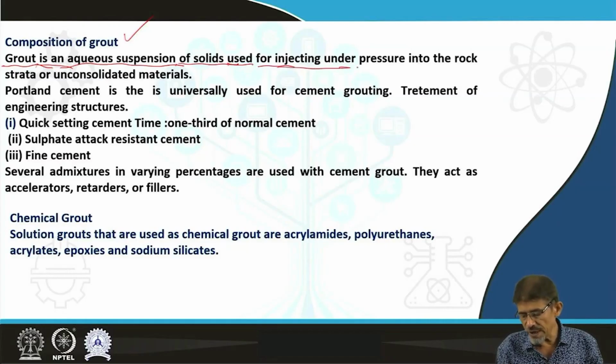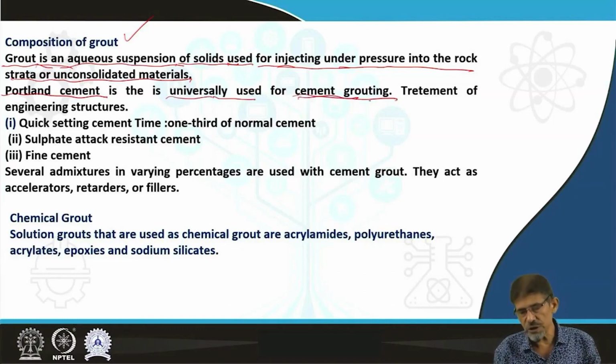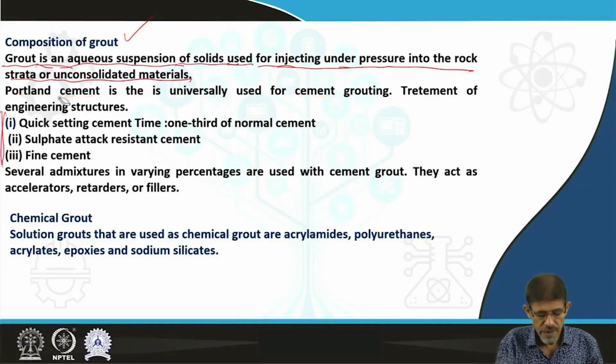For injecting under pressure into the rock strata or unconsolidated material, Portland cement is generally and universally used in cement grouting for treatment of engineering structures.